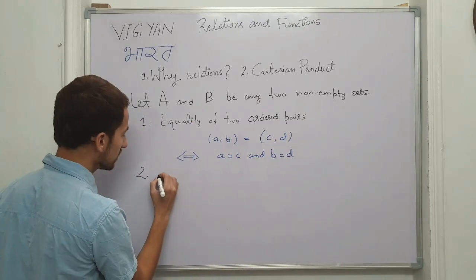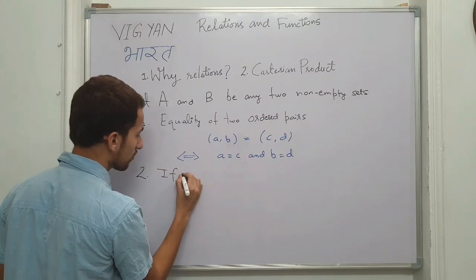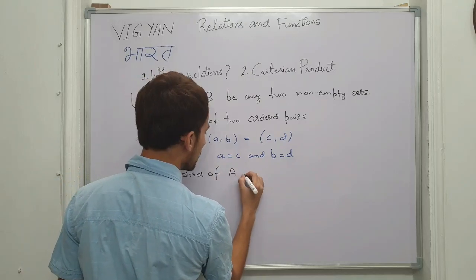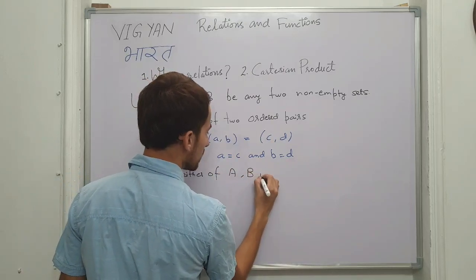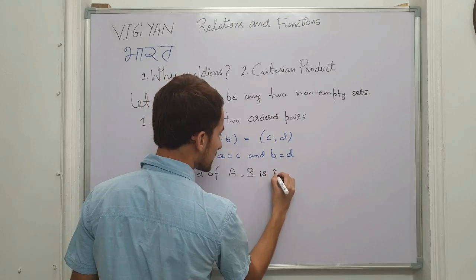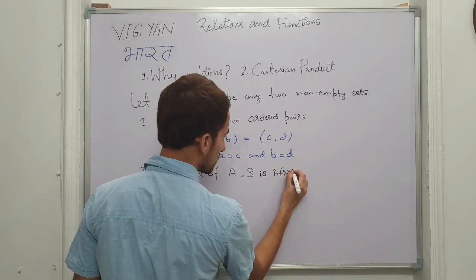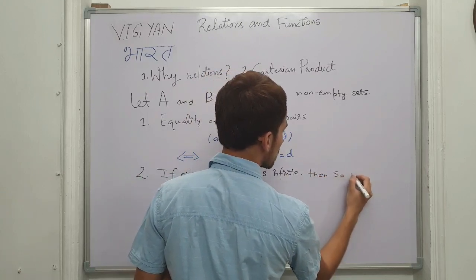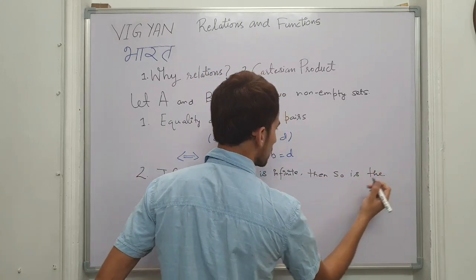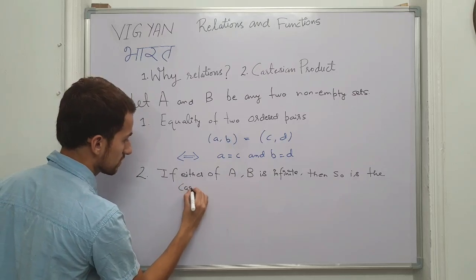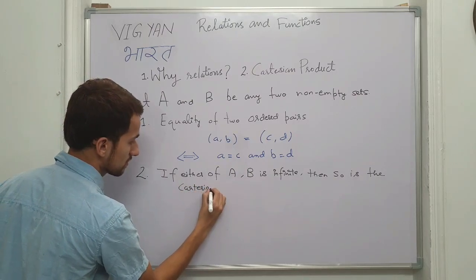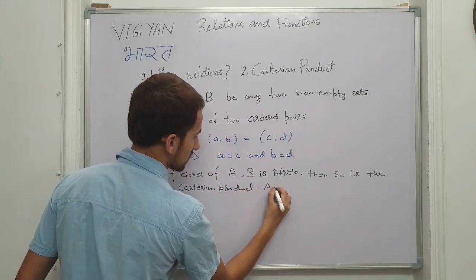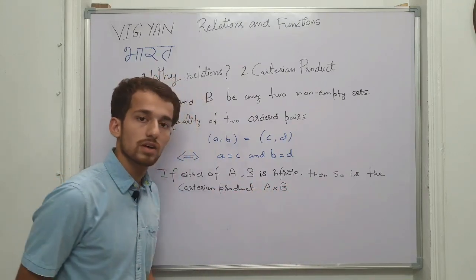If either of A, B is infinite, then so is the Cartesian product.